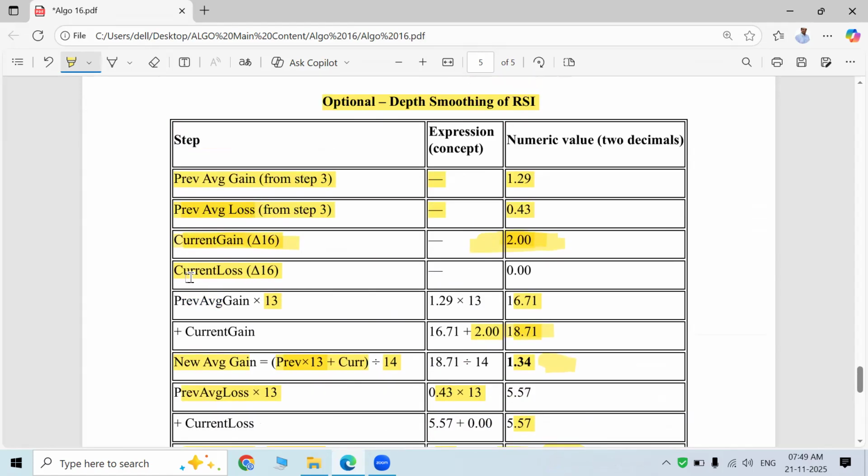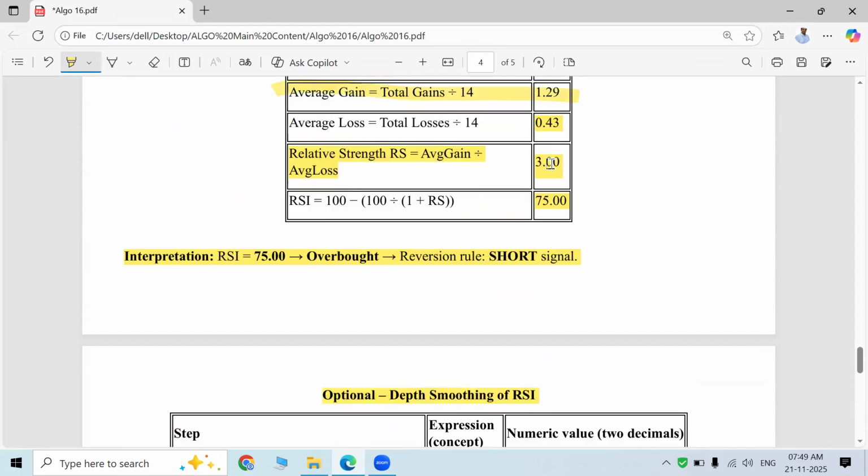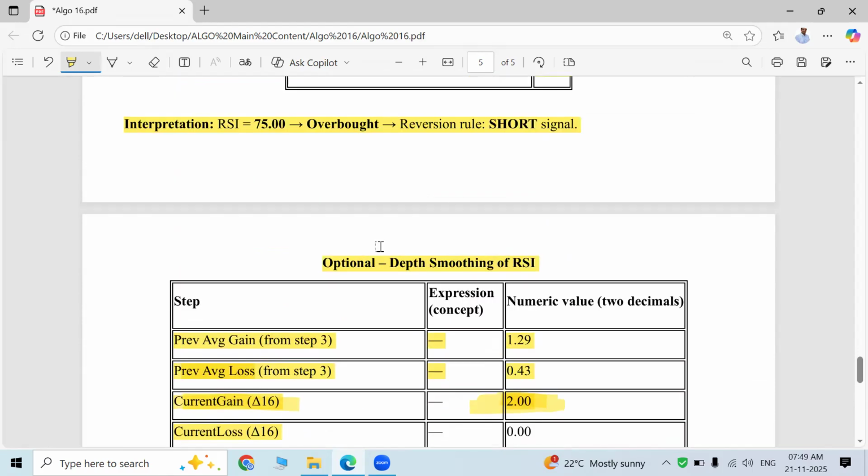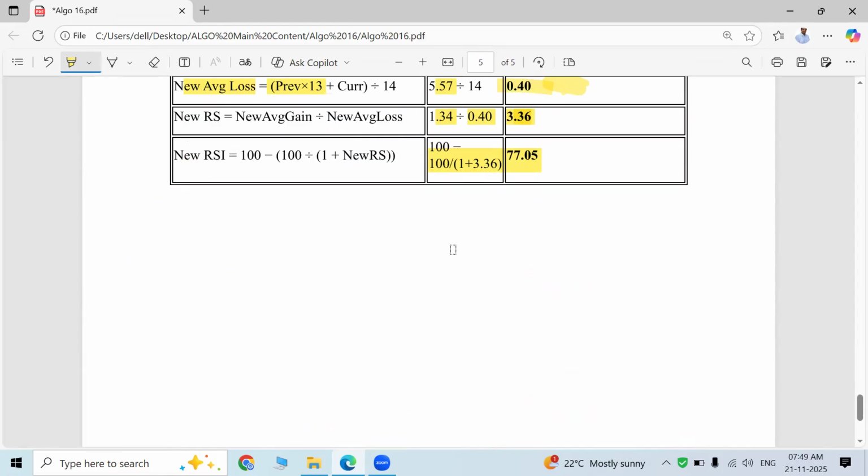And from previous RS, which was around 3, we come to the new RS. And from previous RSI, we come to the new RSI. And this keeps on happening with each new candle coming in the market. So that is the main logic behind it.